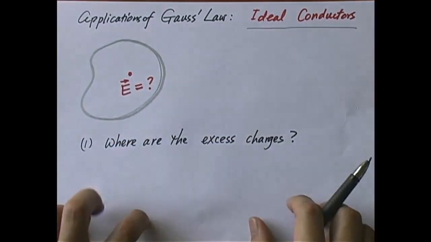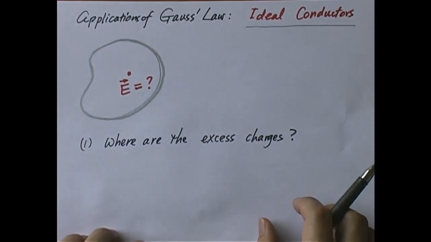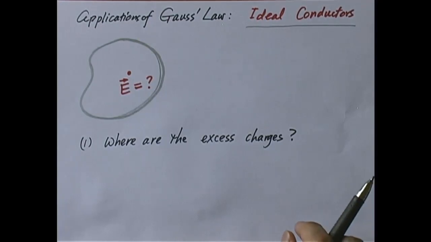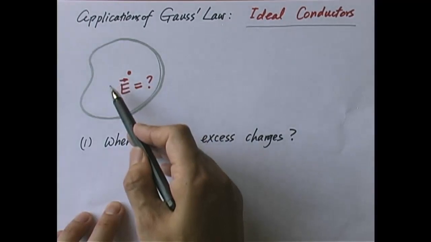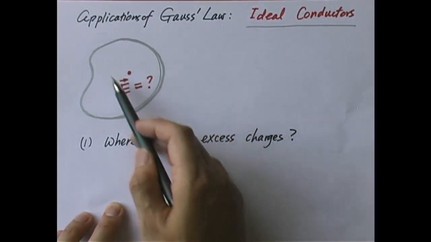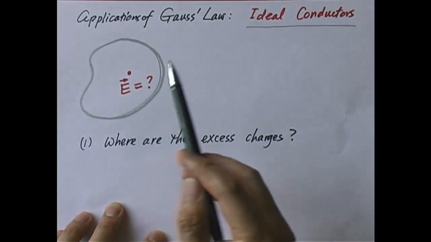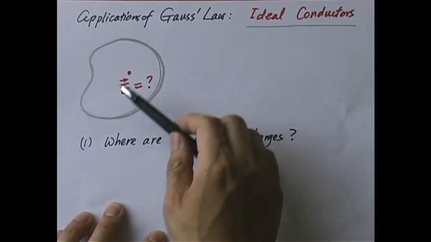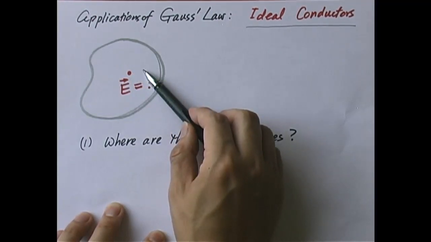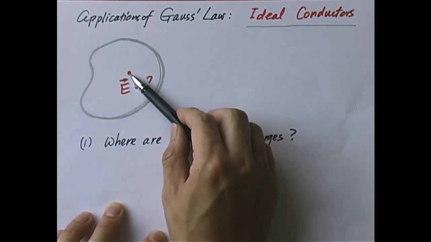A regular piece of metal is not an ideal conductor, but it is an excellent approximation to one. In that piece of metal, there are so many what are called free electrons. They're free to move. They are not bound to any particular atom. Rather, they swim around with very little resistance. So if there were an electric field anywhere inside that metal pointing this way, it would cause the free electrons in that region to go backwards.